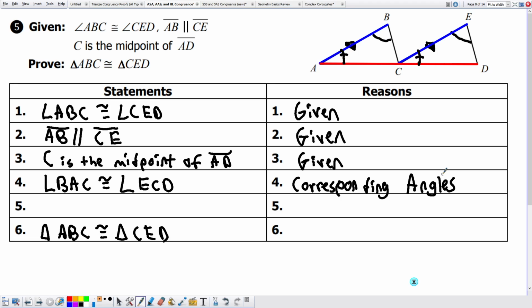Then I note that C is the midpoint of AD, so it must cut the line into two equal pieces. So we can establish that AC is congruent with CD by the definition of midpoint.